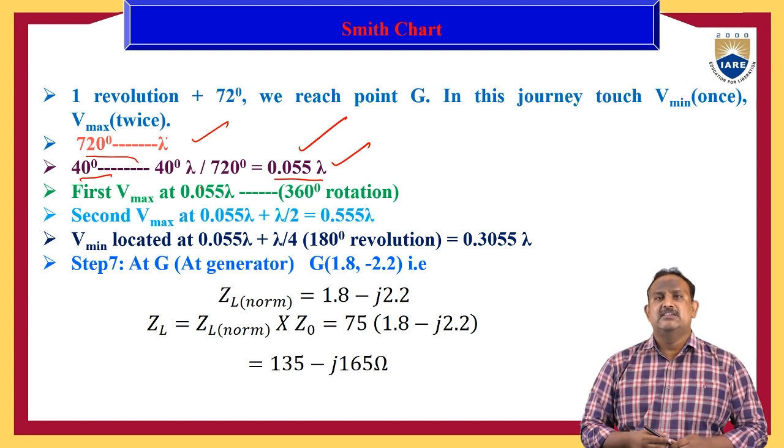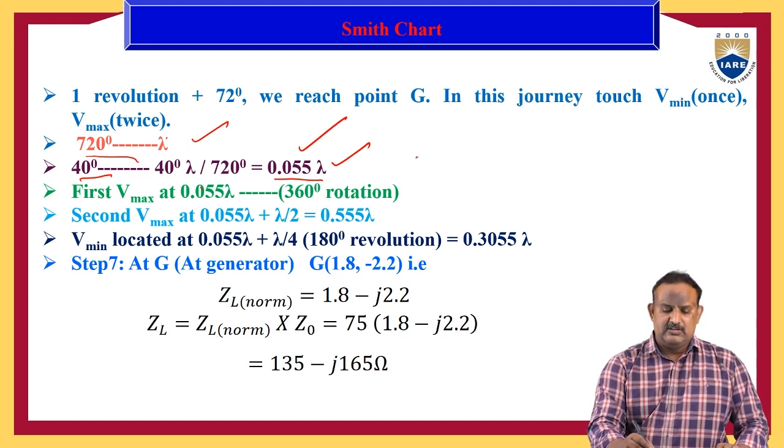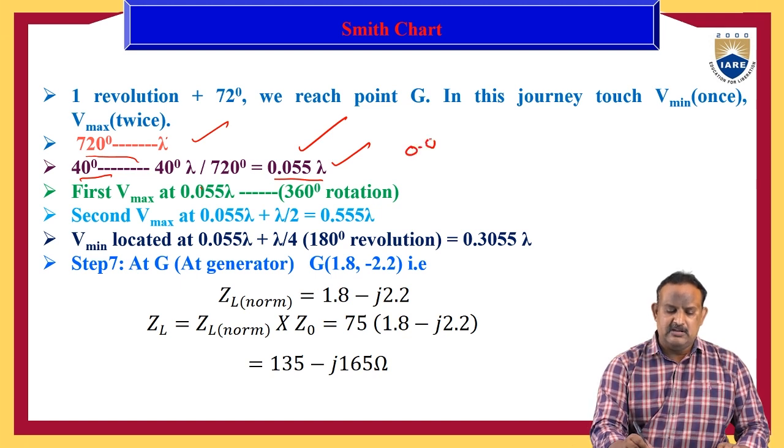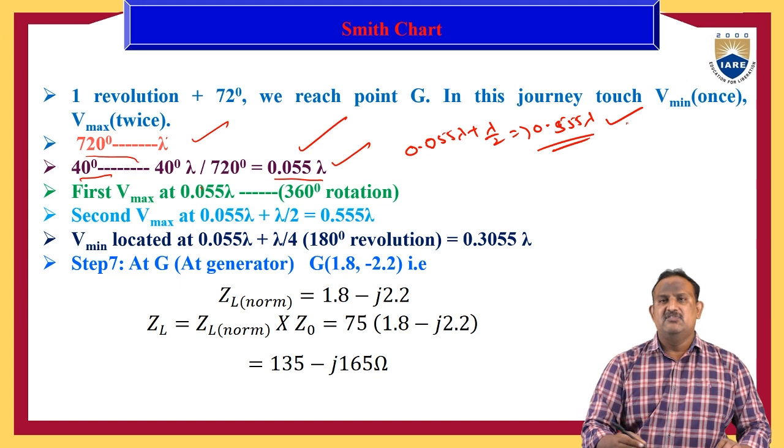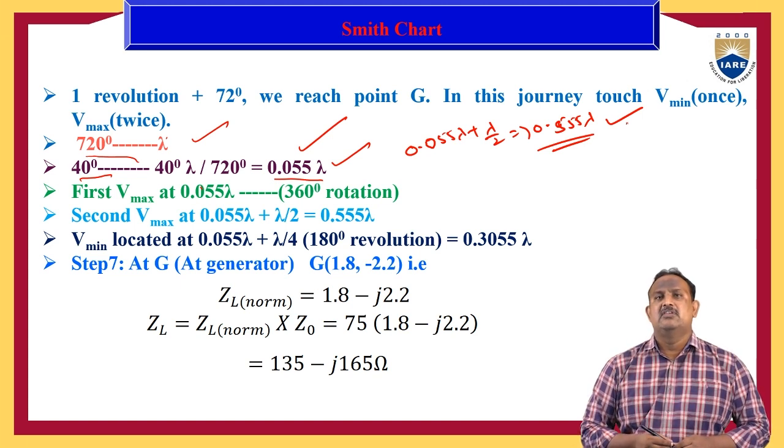Next, the second Vmax is located at a distance of 0.055 lambda plus lambda by 2, which is 0.555 lambda.